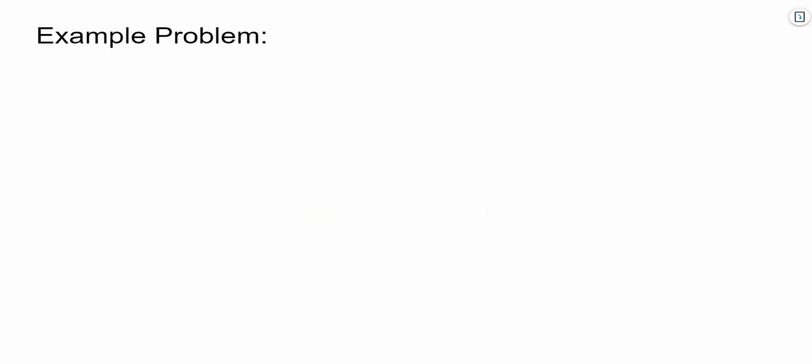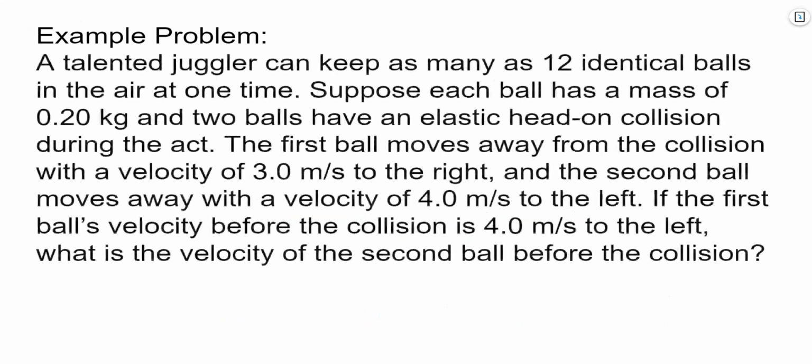Here's our example problem. A talented juggler can keep as many as 12 identical balls in the air at one time. Suppose each of those has a mass of 0.20 kilograms, and there are 2 balls of the 12 that he's juggling that have an elastic head-on collision during the act.